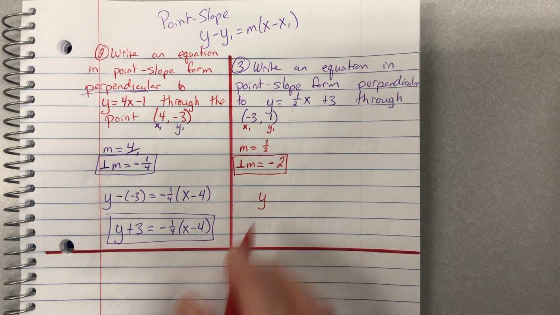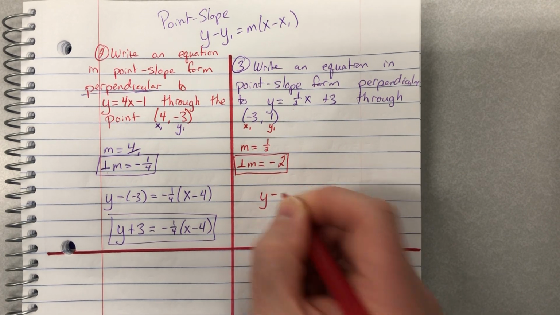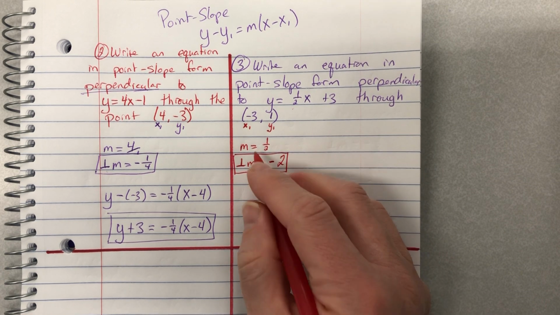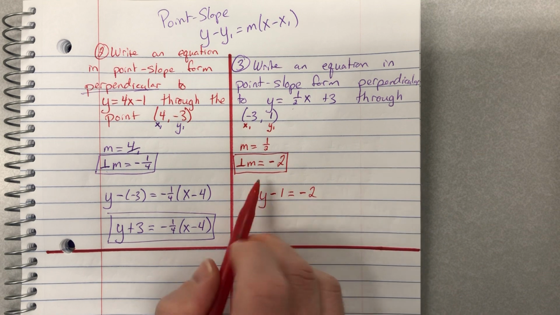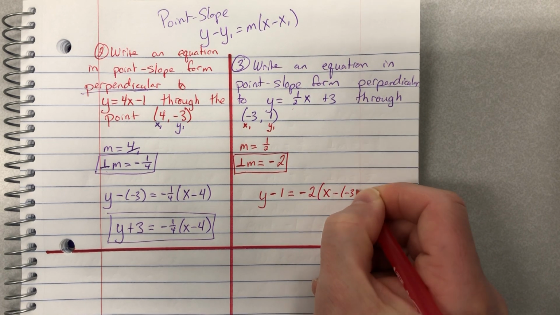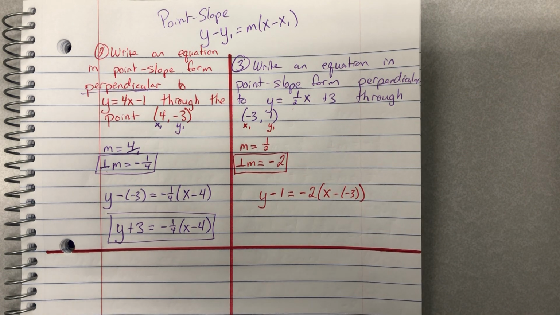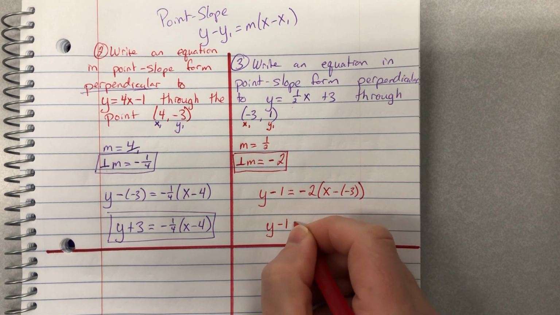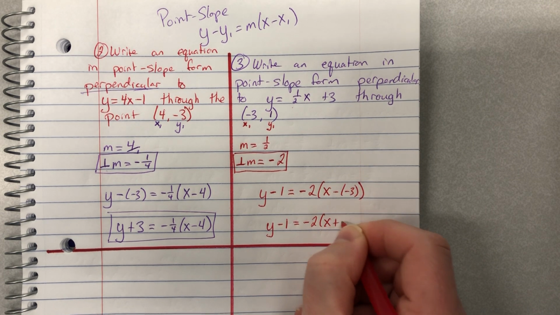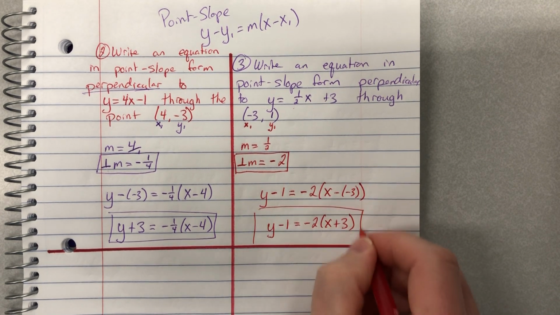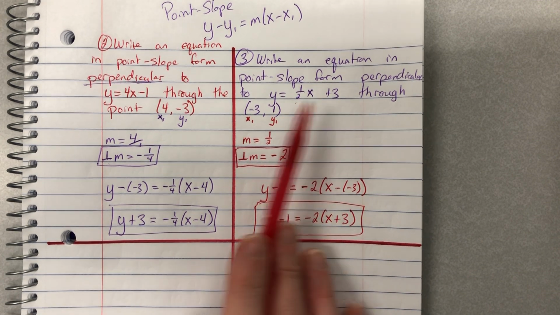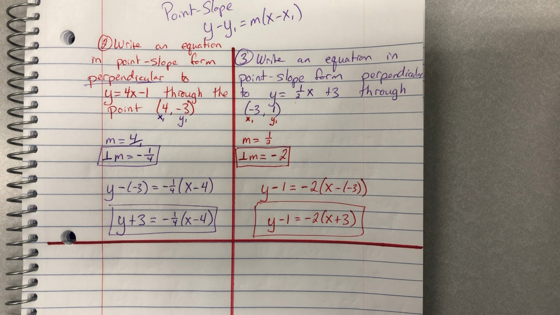We would then use point slope form again: y minus y1, which is 1, equals our m, which is -2. Remember to use your perpendicular slope. Times x minus x1, which is -3. We can clean this up a little bit and say -2 times x plus 3. So that's our equation, perpendicular to y equals 1/2 x plus 3 through that given point.